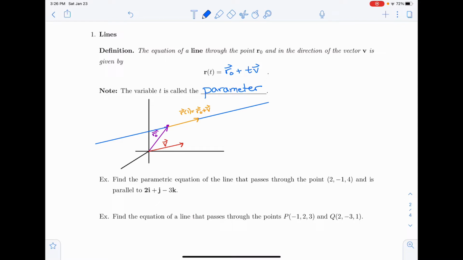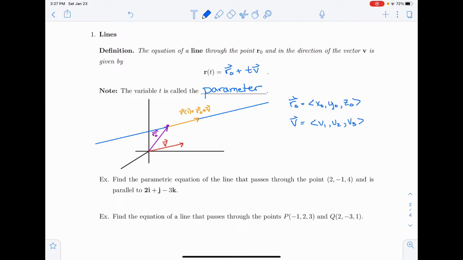Now in 3 dimensions, we're going to use r0 a lot. And so that's always going to be some coordinate x0, y0, z0. And then we're going to think of our vector v as having 3 components. I'm going to call those v1, v2, and v3.